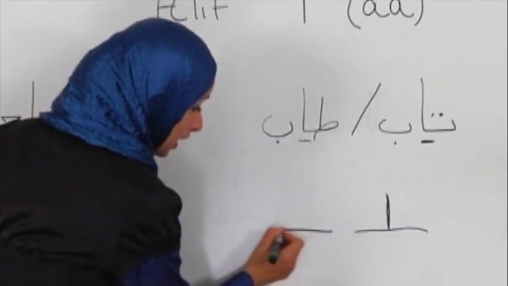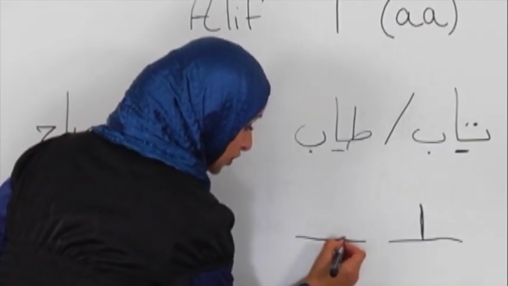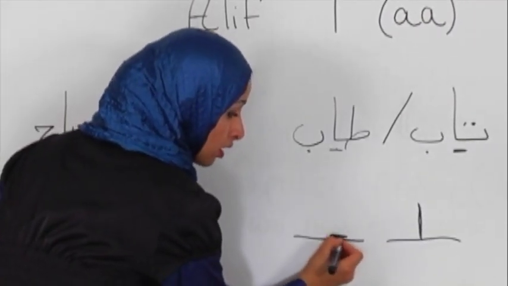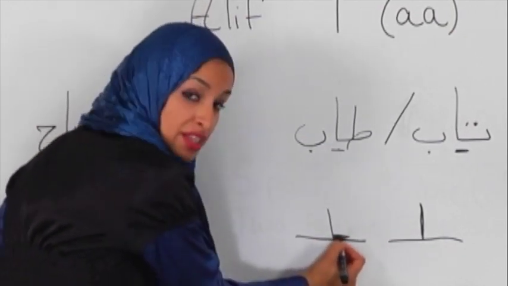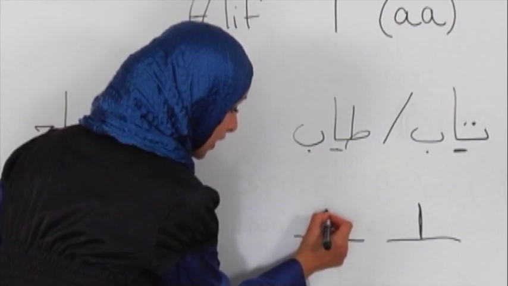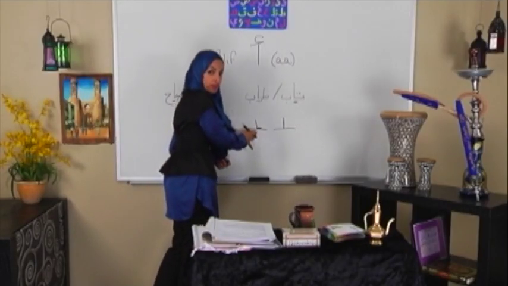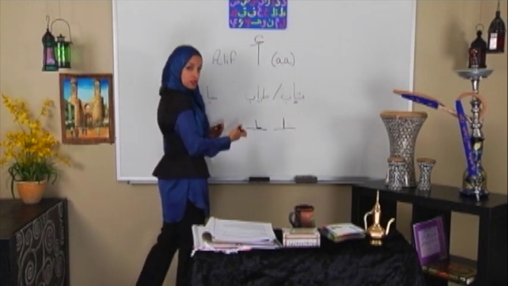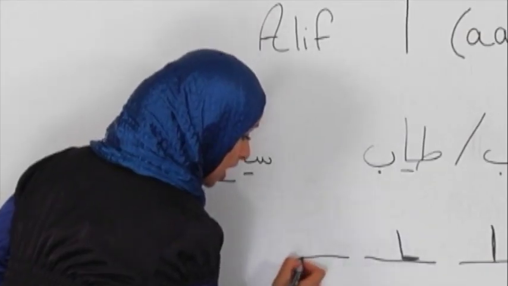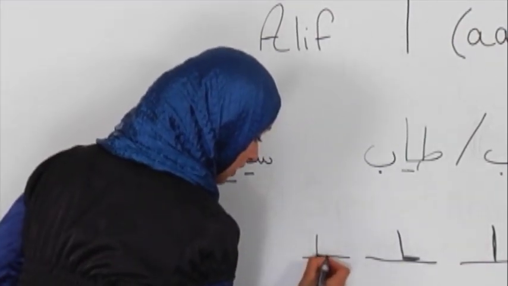Okay? Now, in the middle of a word, alif would connect with the letter written before it, simply like this. So we'll imagine that this is the letter written before it, and here's the alif. Now, alif never ever connects to the letter that comes after it. So if alif comes at the end of a word, it'll simply be like this.